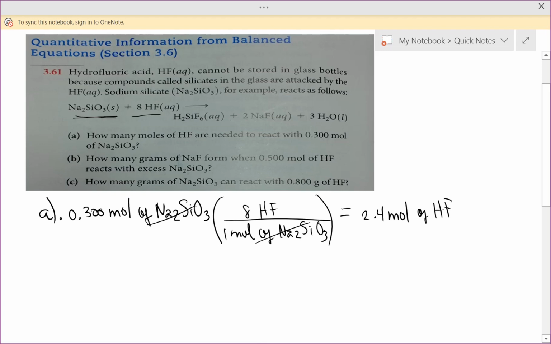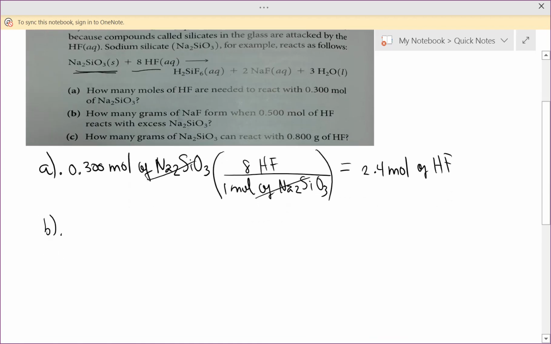So this one was really easy. Let's see part B. Part B says, how many grams of NaF form when 0.500 moles of HF reacts with excess of Na2SiO3?